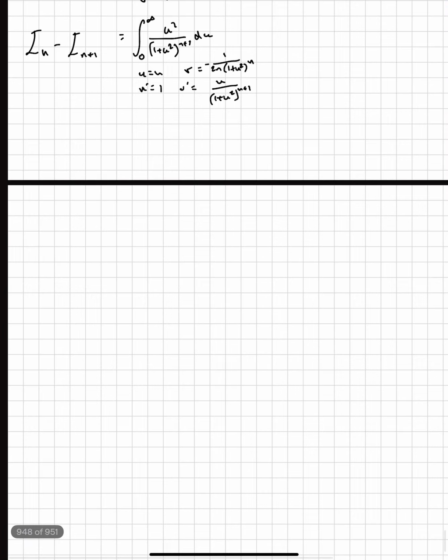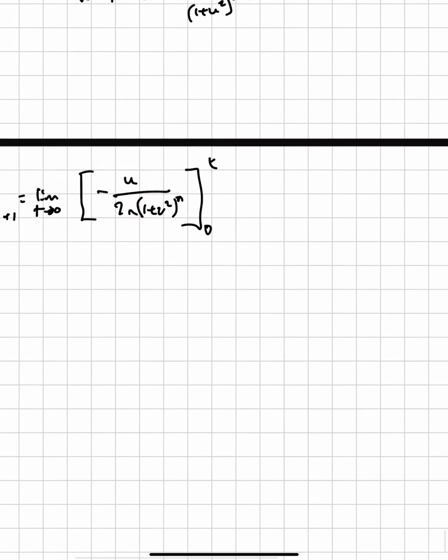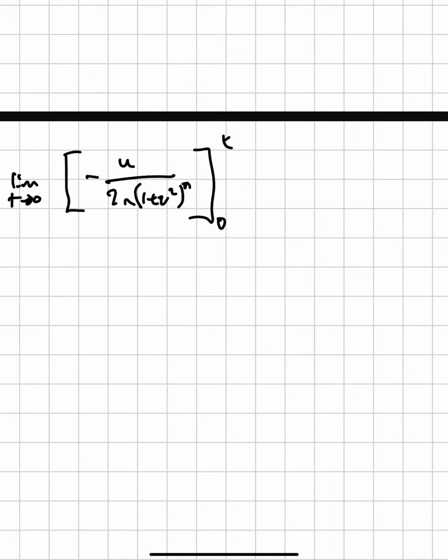Okay, so I of n minus I of n plus 1 is the integral. Well, so we have u minus u over 2n (1 plus u squared) to the n, and we'll do the limit as t tends to infinity, between t and 0. If we look at this, obviously the 0 will be a 0. With t, we've got greater order on our denominator, so this is just going to be 0.